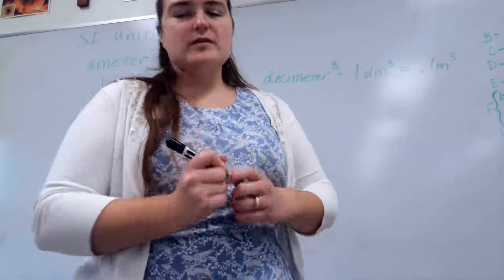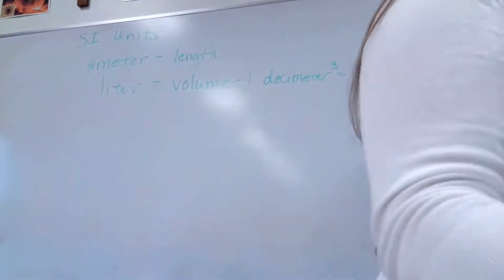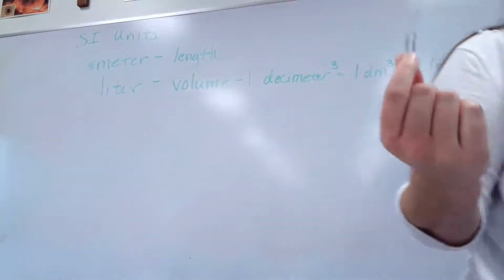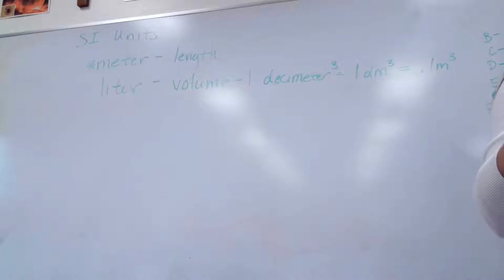The reason why it's kind of weird is they decided to set the value for a gram as about the same weight as a paper clip. Okay? So paper clips are not very big, right? If we try to measure the weight of even an elephant in paper clips, is that going to be super convenient?